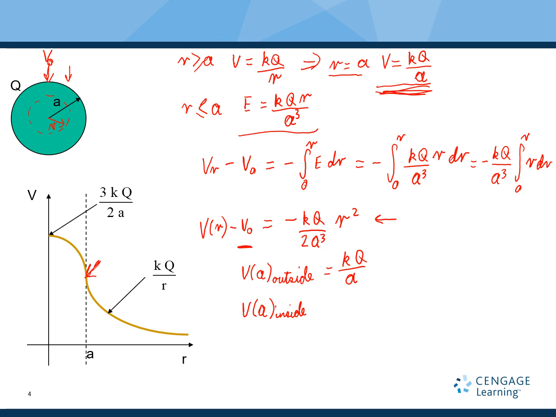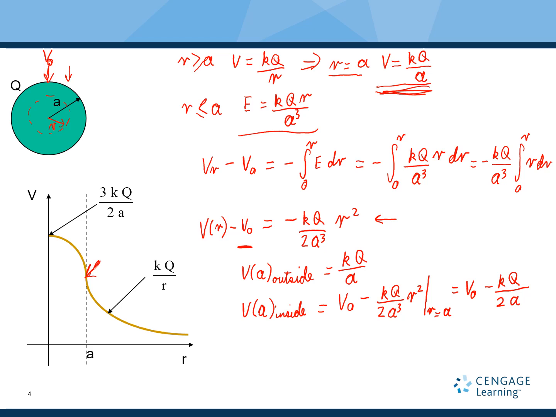So we obtain V0 minus kq over 2a cubed times r squared, where indeed we have to set r equal to a. We obtain V0 minus kq a squared divided by 2a cubed, and so a factor of a squared cancels, and we get divided by 2a.